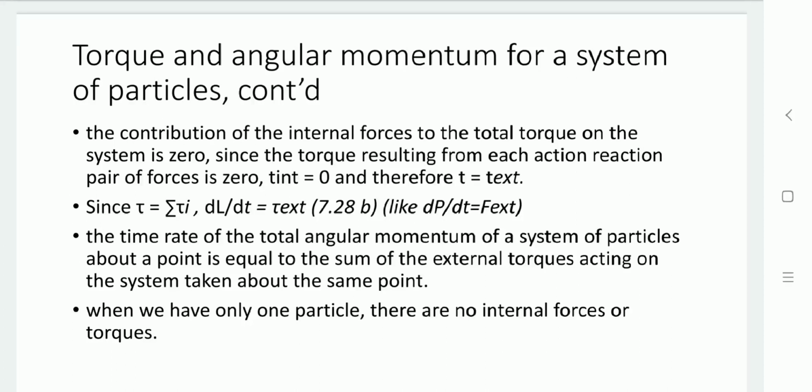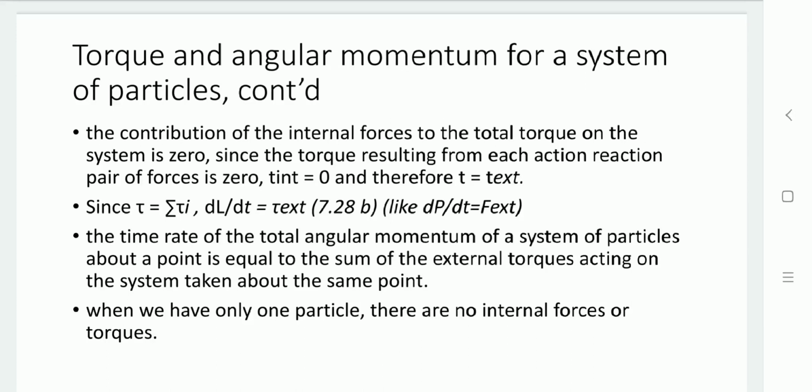That's why dL by dt equals torque external. So the rate of change of total angular momentum of a system of particles about a point is equal to the sum of external torques acting on the system taken about the same point.